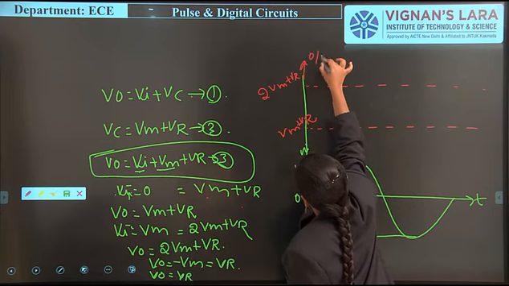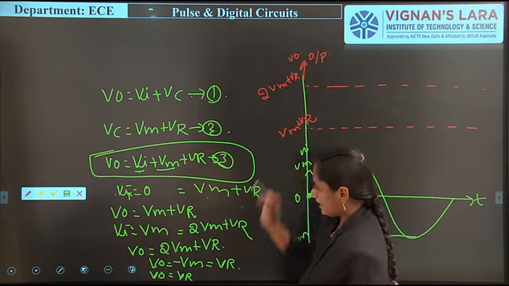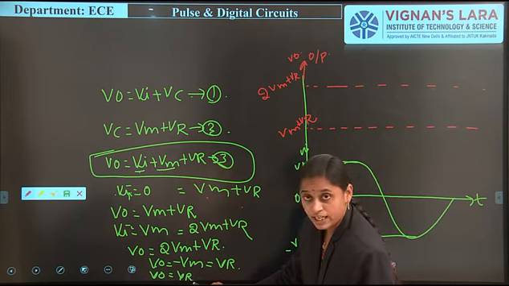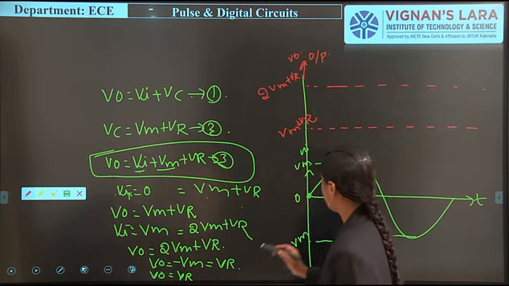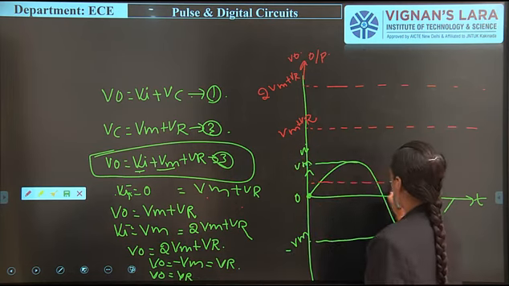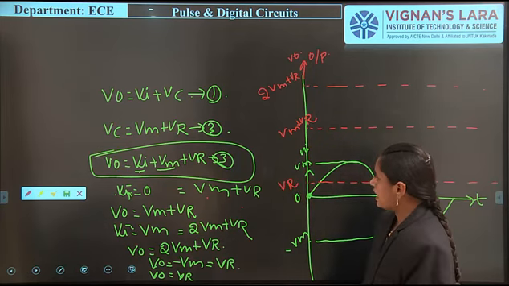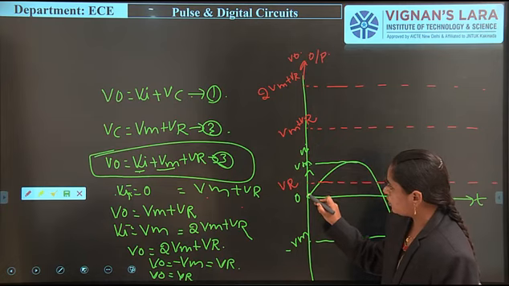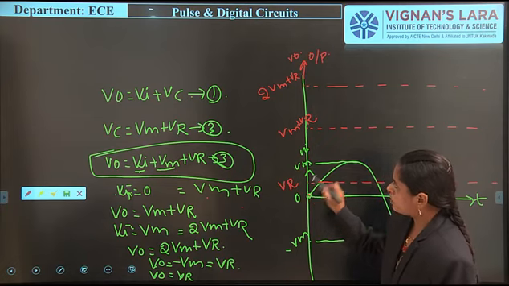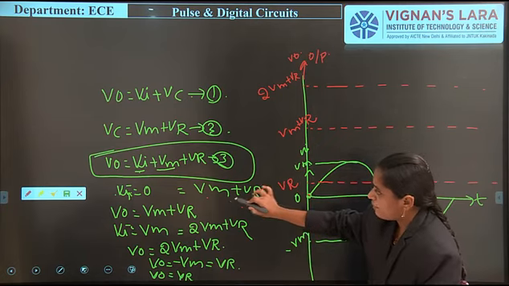We observe here V naught, and the next one is Vr at Vi equal to minus Vm. The output is Vr, in the positive direction. The first condition is the input signal Vi equal to 0; the output is Vm plus Vr.